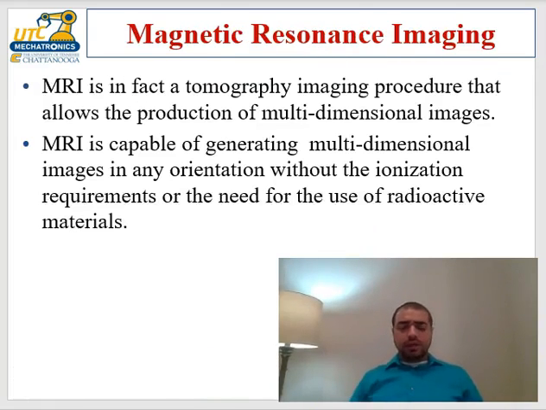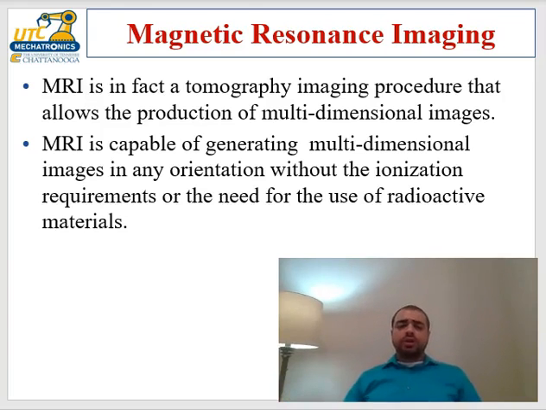Then there's a very similar approach, which is magnetic resonance imaging, MRI. It's an expensive method to use. The difference is that MRI doesn't use radioactive materials. It's based on magnets.